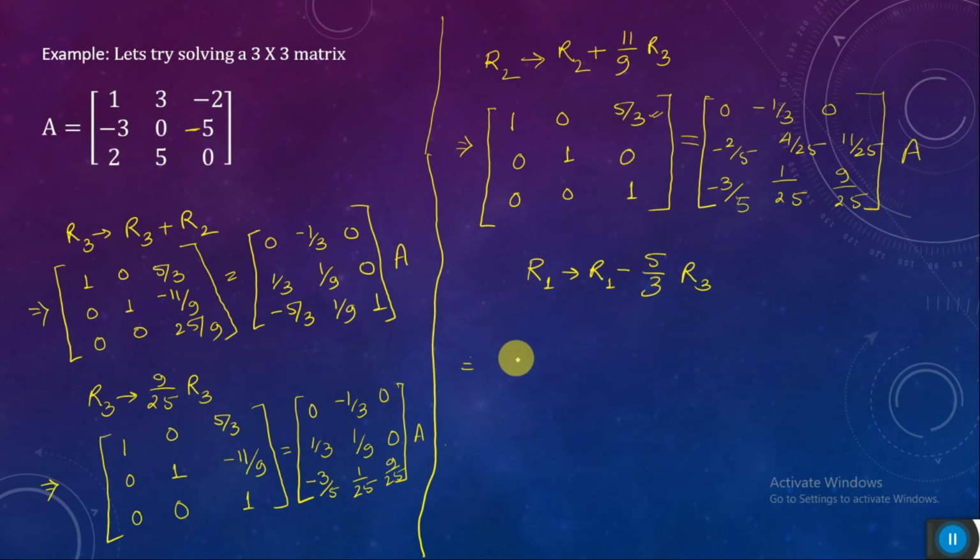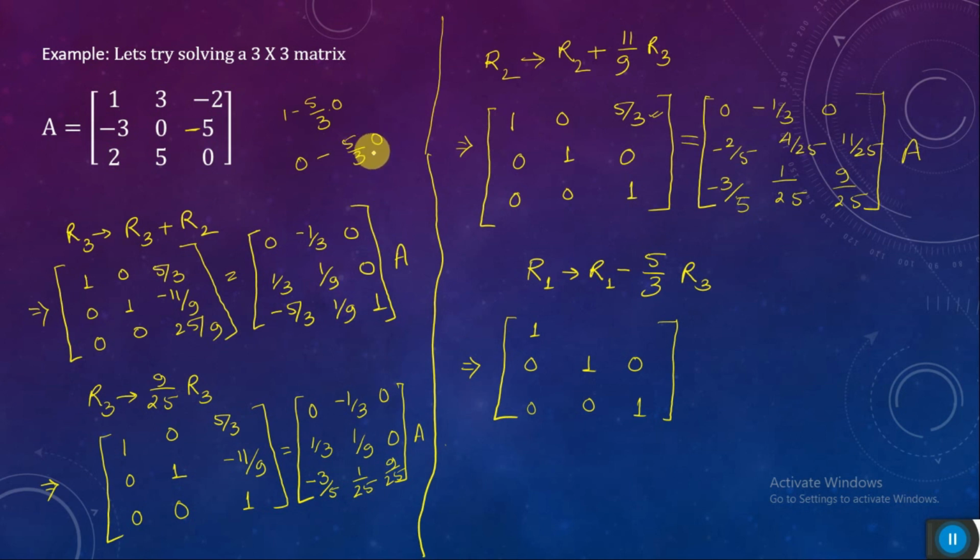Okay, so let's see. This is my last step. This is one. The row 2 and row 3 can be written as it is. 0 0 1. Row 1 is under operation. Okay, so row 1, 1 minus 5 by 3 of 0. So 1 only. Okay, next is 0 minus 5 by 3 of 0.